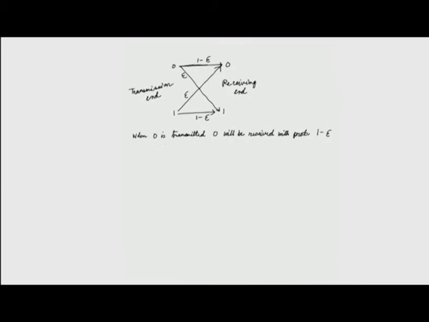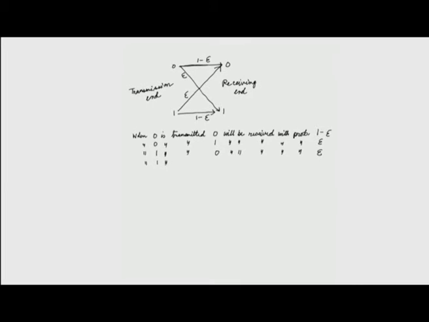When 0 is transmitted, 1 will be received with probability epsilon. When 1 is transmitted, 0 will be received with probability epsilon.